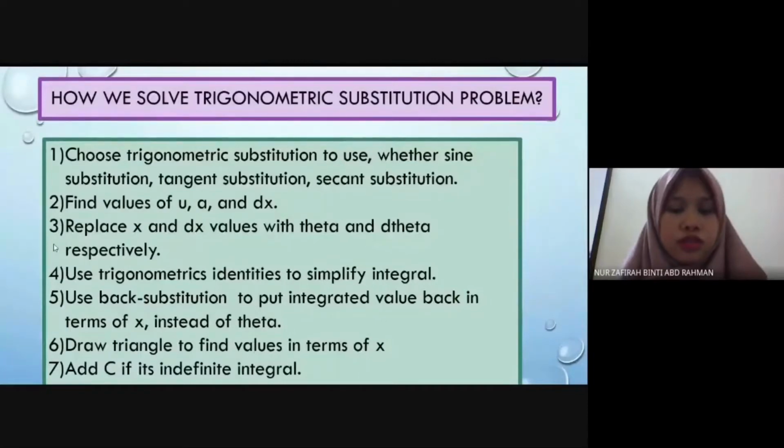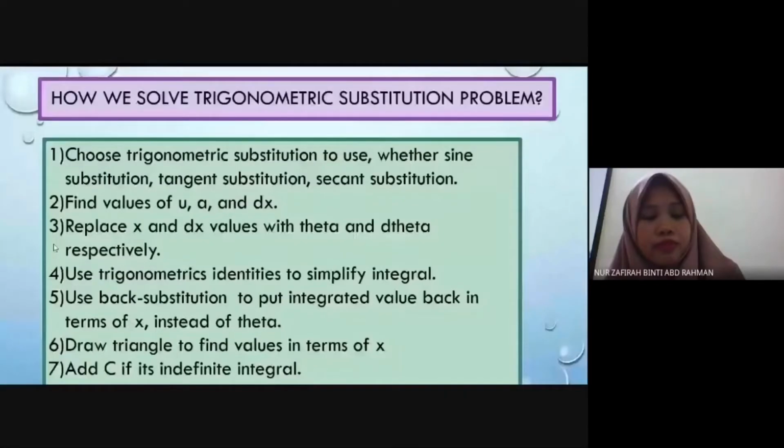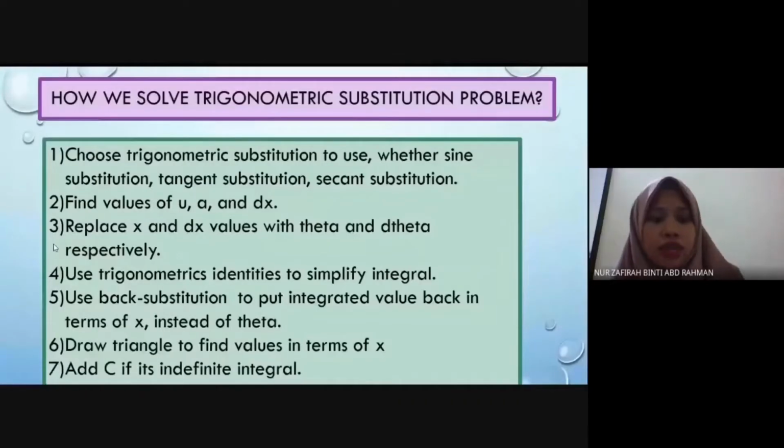Draw the triangle. The sides of the right triangle can be defined by using the Pythagorean theorem. Lastly, if it's an indefinite integral, you have to add c, so that the answer will be complete.